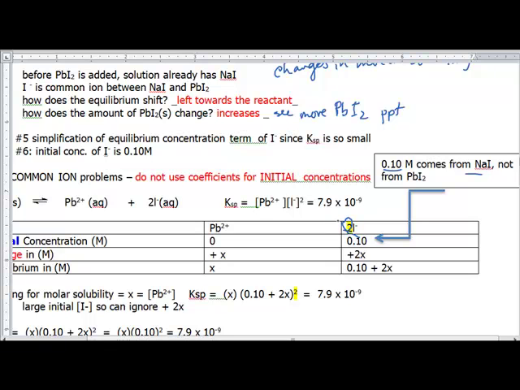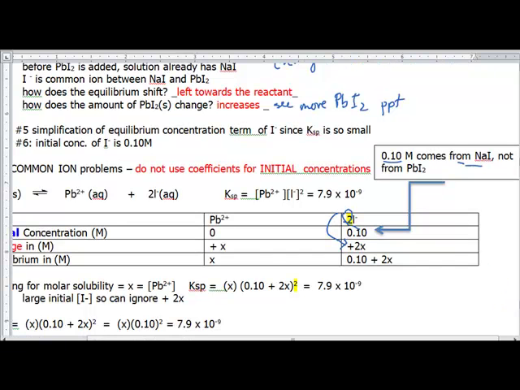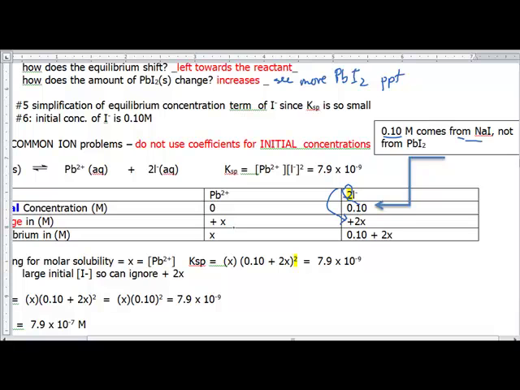This coefficient always relates to the change. The initial concentration comes from the NaI, not from PbI2. So like my ICE table before, X is the increase in lead, and 2X is the increase in the iodide. And here's my equilibrium expression. This goes in for the lead, this is for the iodide, with the 0.1 in it and squared already.